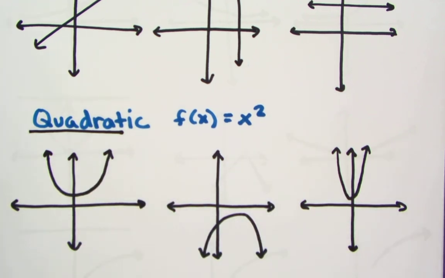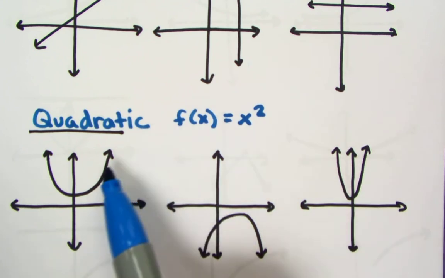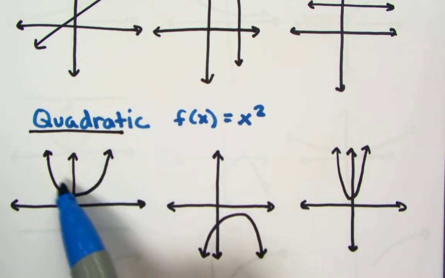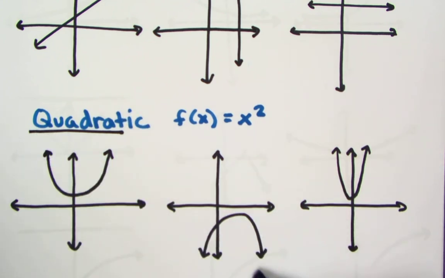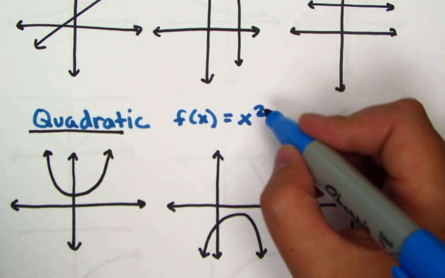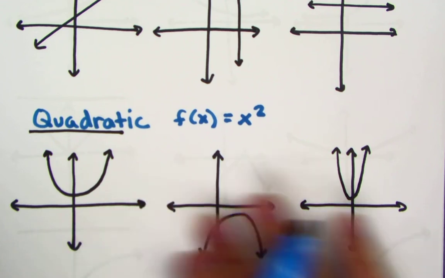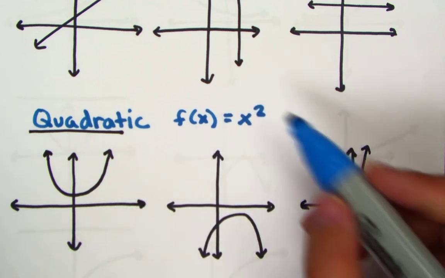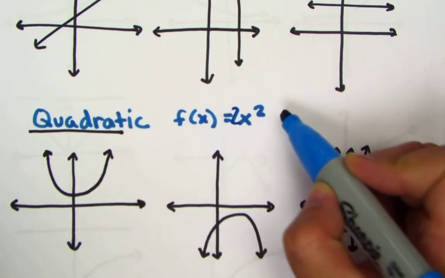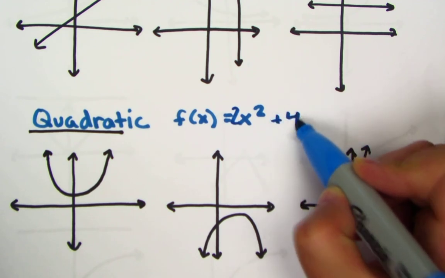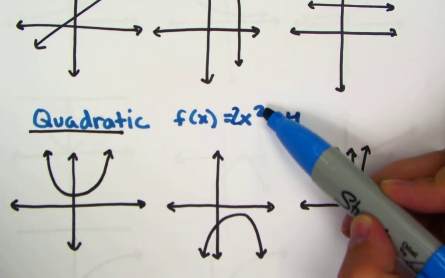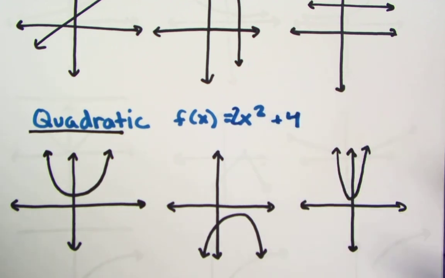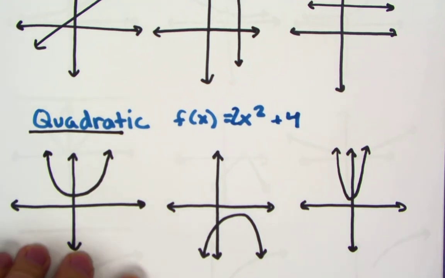Lots of different variations, but the quadratic function will always look like a U. Now, it goes up and out forever and ever in both directions. That's important to know. The way that you move it is you add different things to this x squared. You can make it 2x squared or 2x squared plus 4. But regardless, if this is the highest exponent, the 2, it's going to be quadratic.